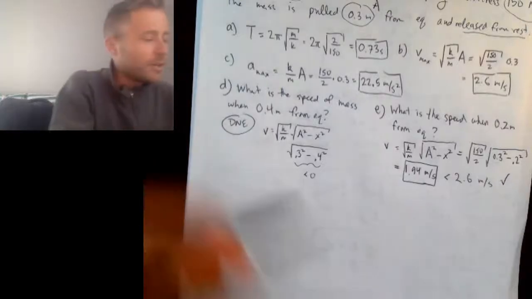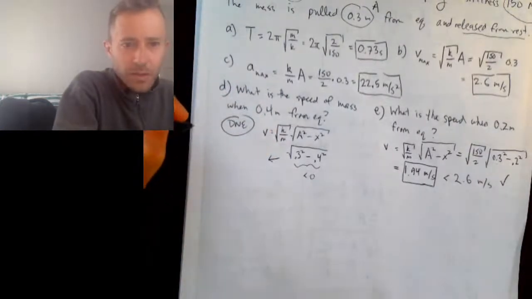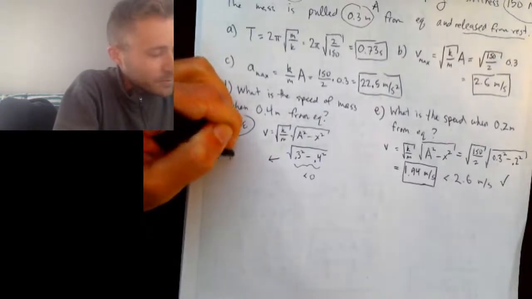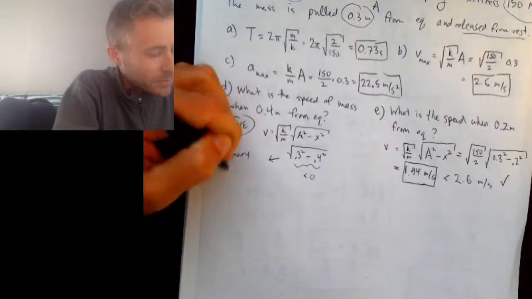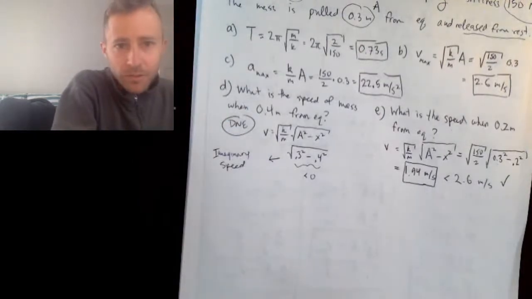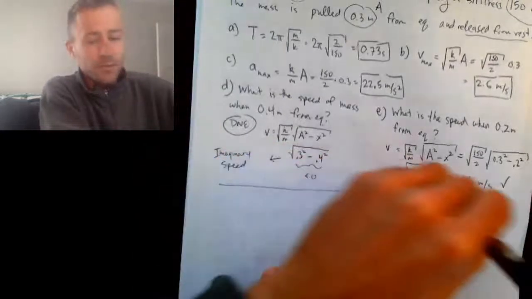So basically, if you tried to calculate this with equations, you would get an imaginary speed, which is not possible. The speed is very real, okay? So that's what happens.